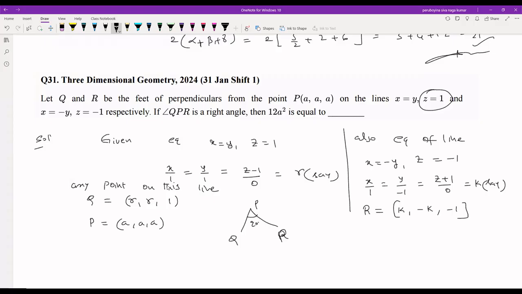It's 90 degrees. That means PQ and PR are perpendicular to each other. That is the meaning of that. So what we need to do is find the PQ DRs. Now calculate the PQ bar DRs, and also you can see.